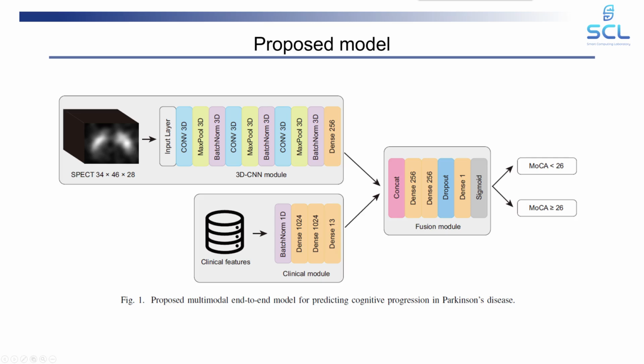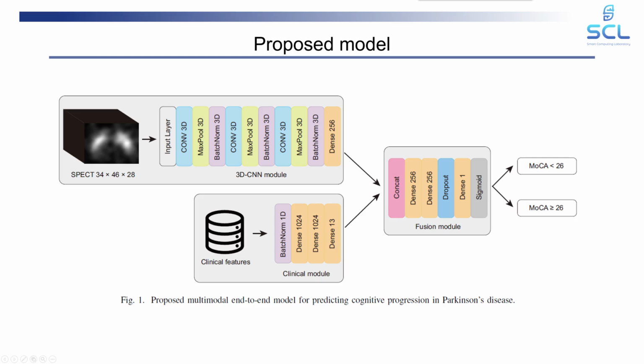We start with batch normalization of the 30 features, followed by two fully connected layers. After each batch normalization and fully connected layer, we apply the leaky ReLU activation function.